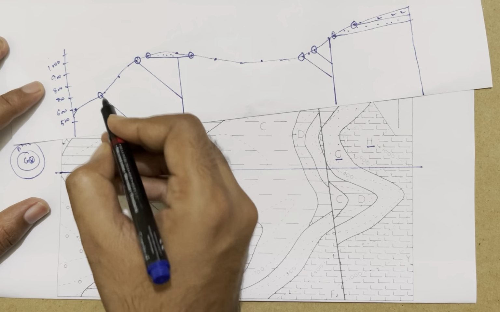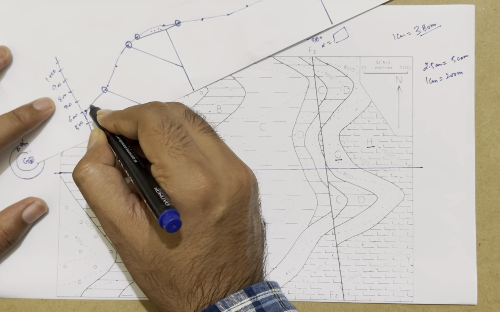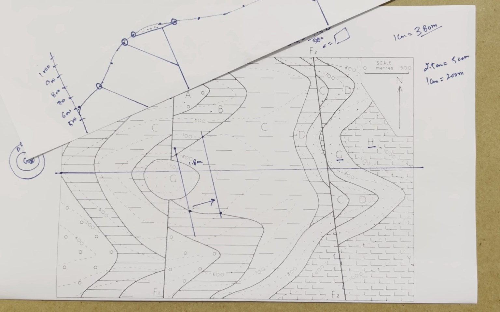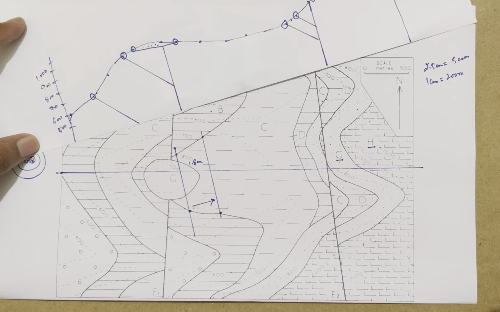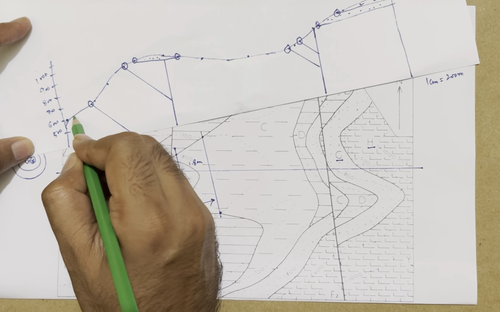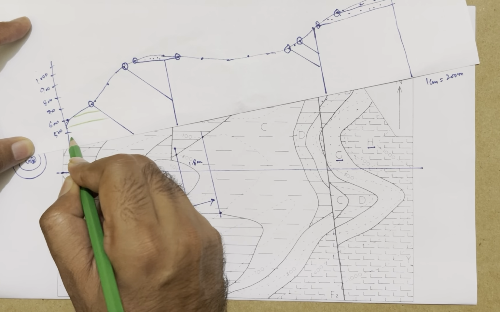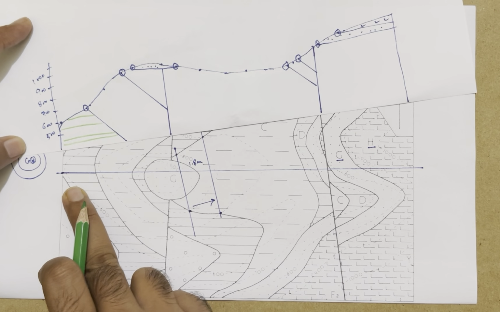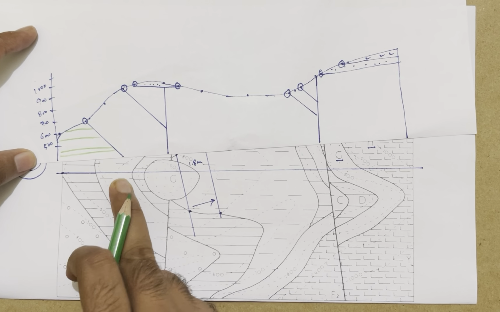We are getting this. I will draw with the color pencil so that it will be distinguishable. This side I am plotting. After that, this.